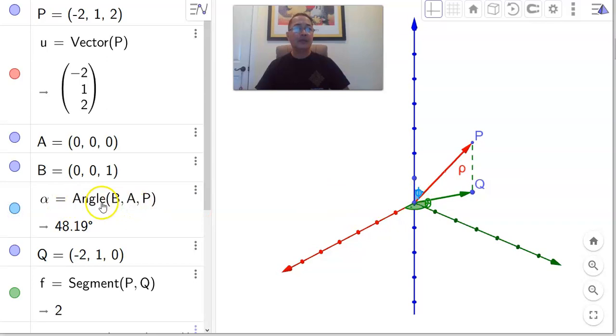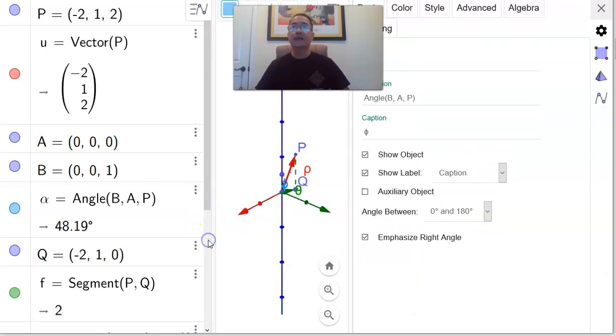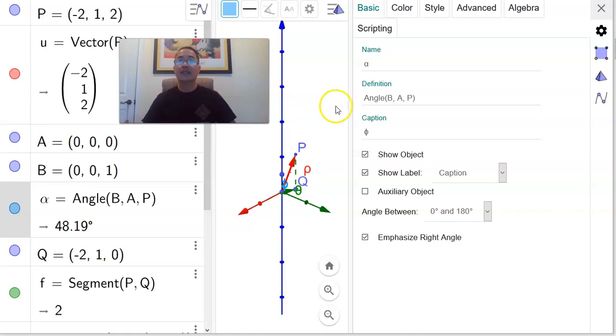By the way, if you want to label an object in your diagram, I don't think we've talked about this, you can go to settings, and let me move myself here a second. Notice how I have a caption here. So instead of using the default name for that object, you can tell it, this is what I want to see on the screen.